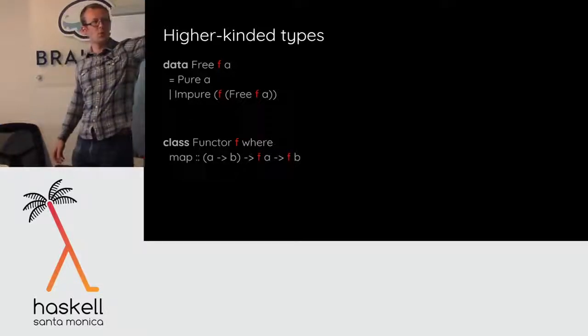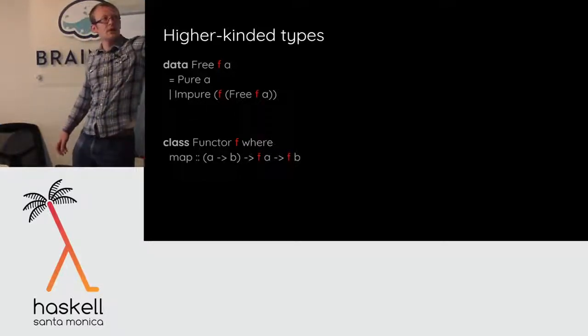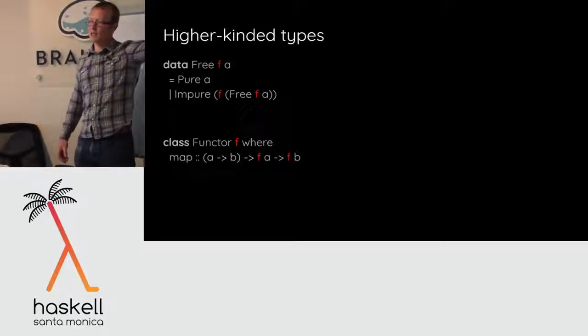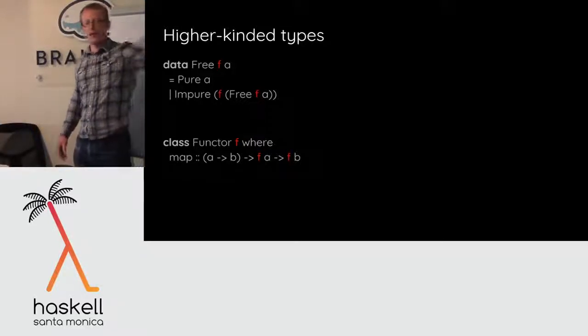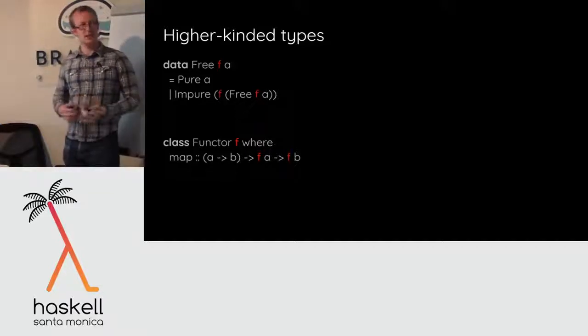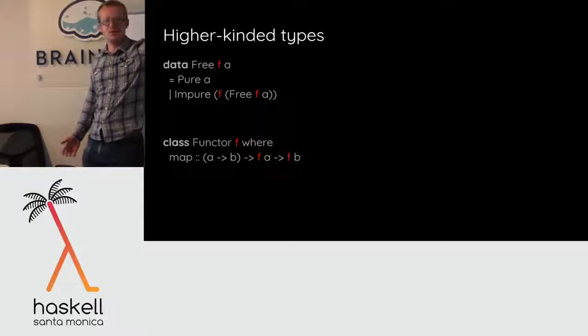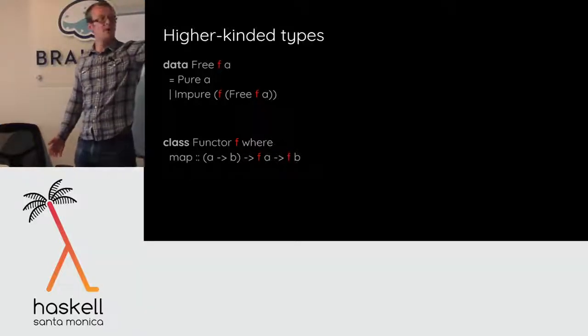So this is an example where A here is a type, right? So for example, I can construct this Free thing with this Pure constructor by just giving you a value of type A. But F isn't a value, right? F isn't a regular type, like a type of values. F is a representation of a type constructor. It takes types and gives me new types back. Okay, so I can apply F to a type and get a new type.